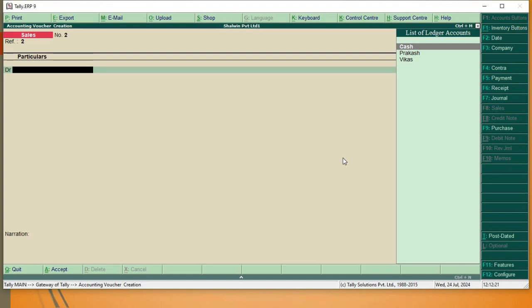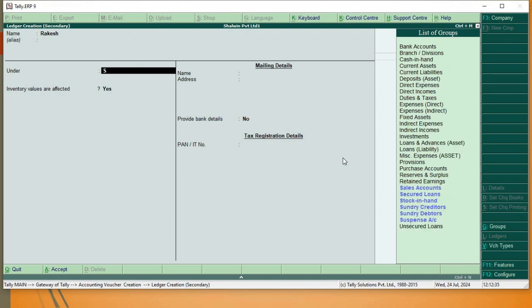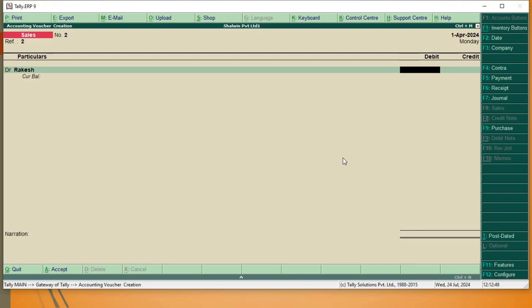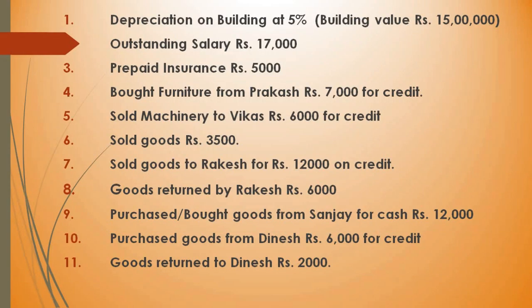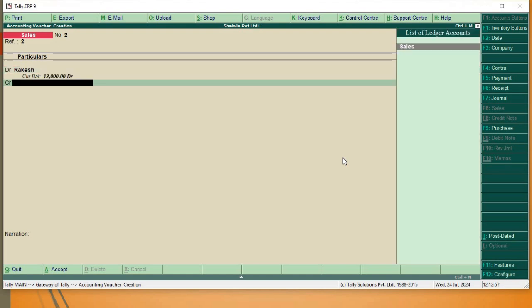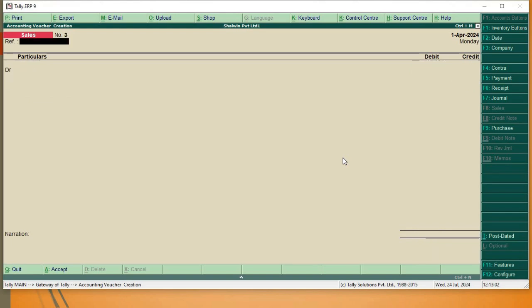Debit side, it is on credit basis, so I'm going to create the name of the person here, Rakesh, under sundry debtors. Amount is 12,000. The other account is sales, and just accept this.